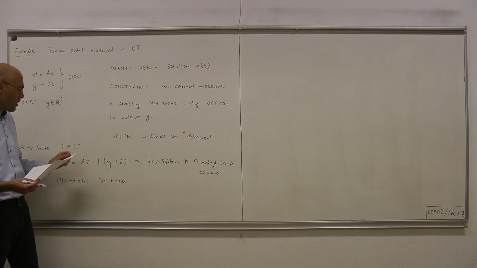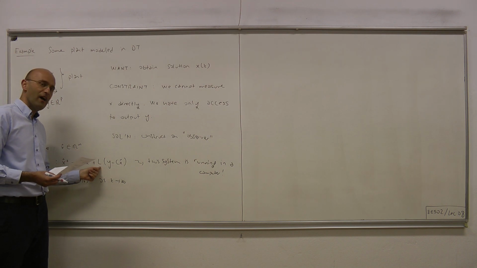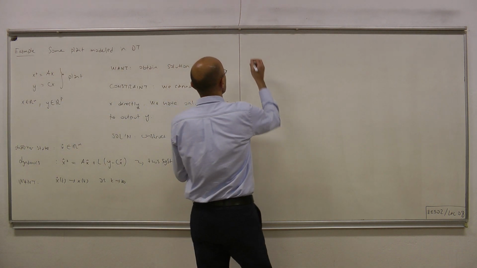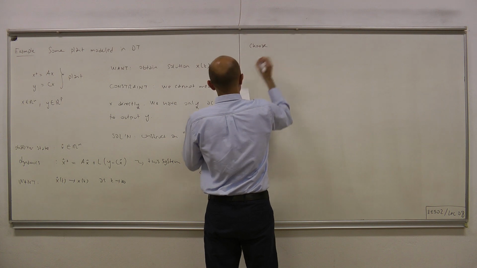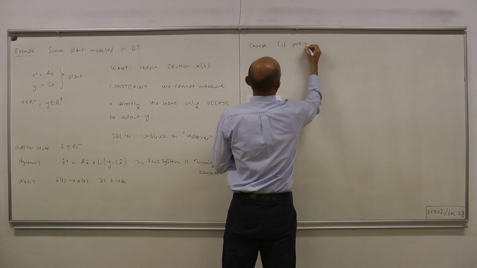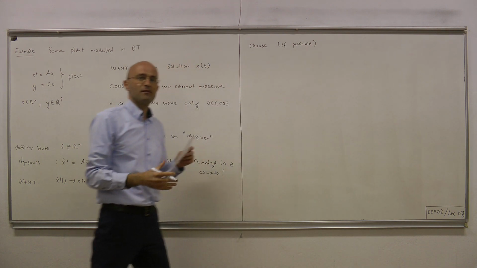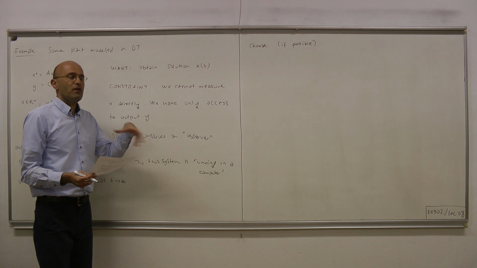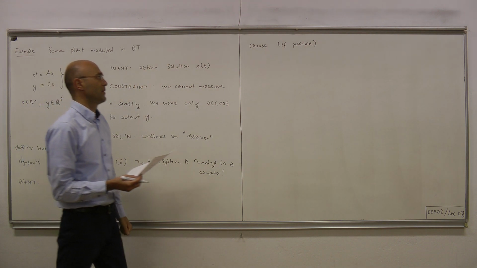Now let's talk about what it means to choose L carefully, or in a smart way. That choice may not always be possible, but suppose that certain conditions are satisfied, and we can do this.